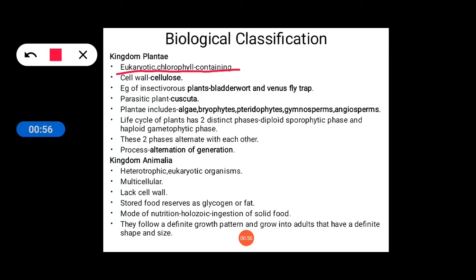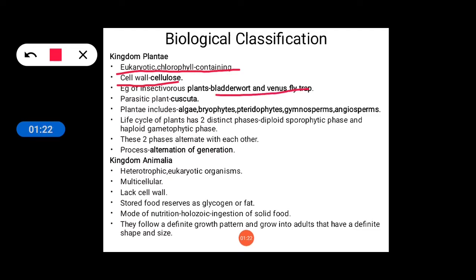The next point is cell wall, and it is made up of cellulose. The cell wall of the organisms present in the kingdom Plantae is made up of the substance cellulose. Examples of insectivorous plants are bladderwort and Venus flytrap.